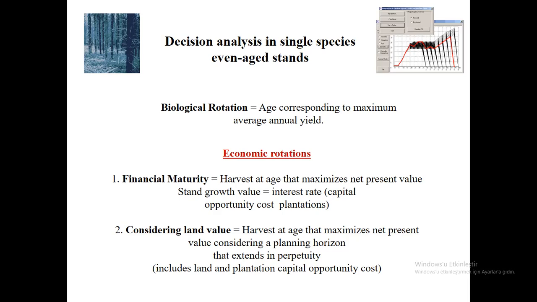You remember the differences between the net present value and the soil expectation value? Net present value looks for the financial return for a fixed rotation period, not beyond that, whereas soil expectation value perpetuates the net present value over a number of rotation periods. Also, it includes land and plantation capital opportunity cost.